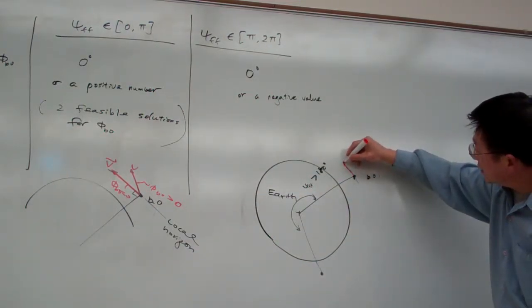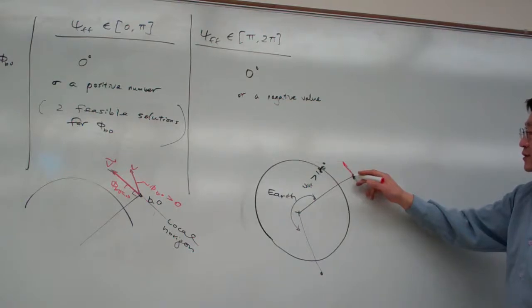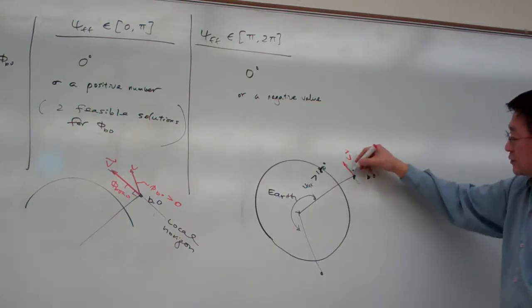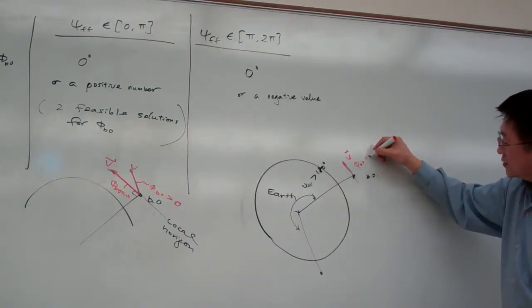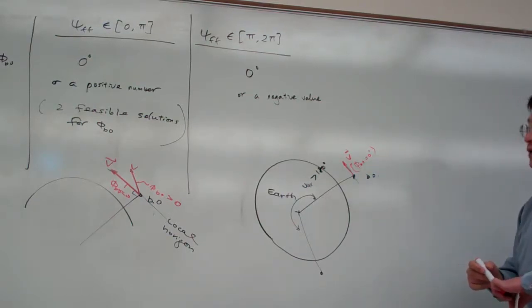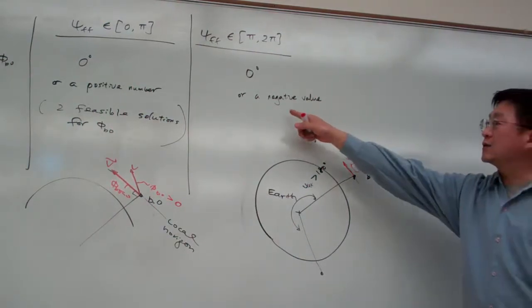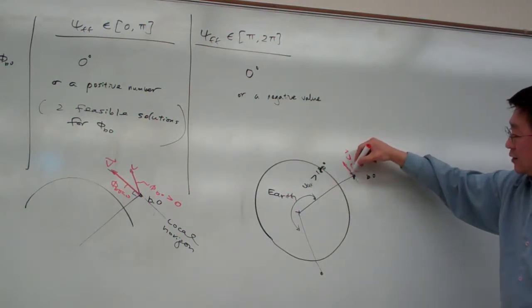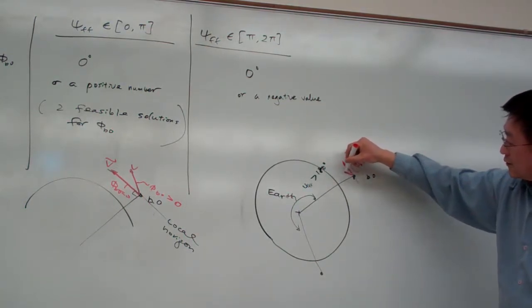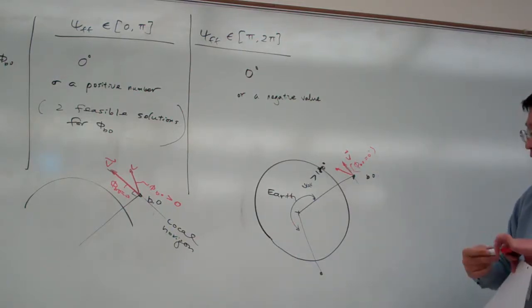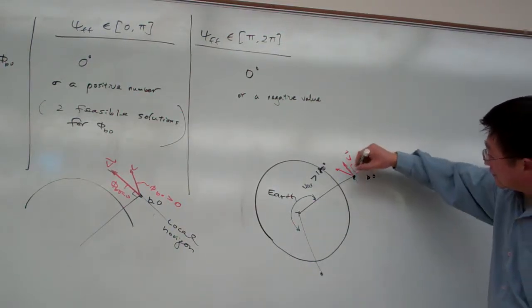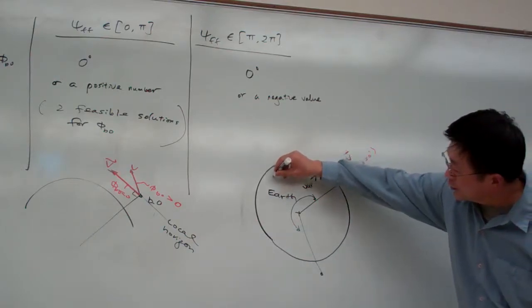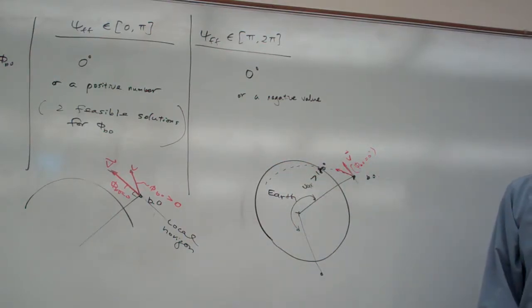That is the 0 degrees. The other theoretical solution we suggest is negative. If you're going to do the negative, that is in this way. The path will dig into the earth, which is not practical.